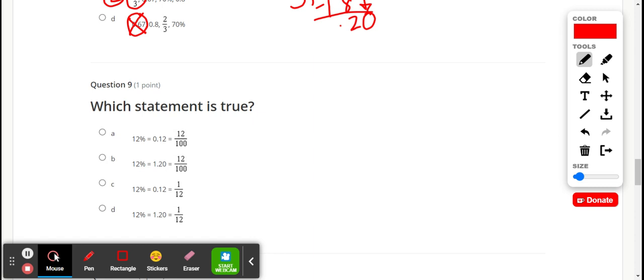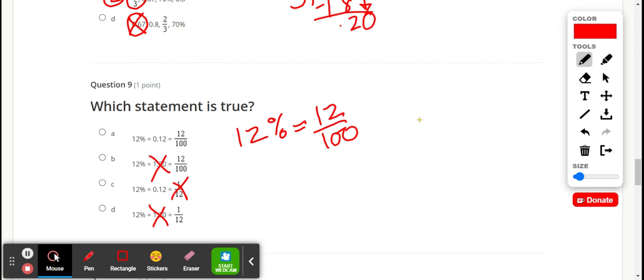So which statement is true? 12% means 12 over 100. And 12 hundredths is not 1.2. And 12 goes over 100, not 1 over 12. So that is equal to 0 and 12 hundredths.